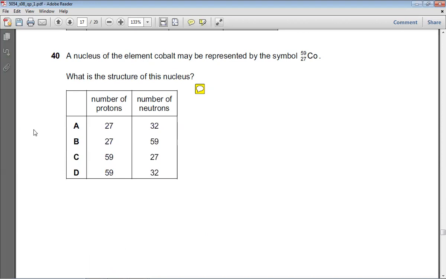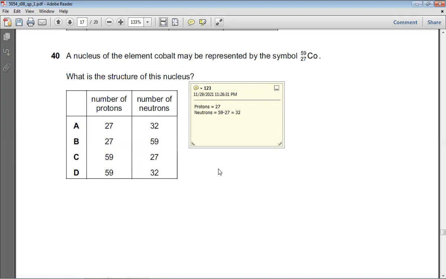Question number 40. A nucleus of the element cobalt may be represented by the symbol cobalt-59 with atomic number 27. What is the structure of this nucleus? So in the nucleus, you will have protons. There will be 27 protons. And the number of neutrons will be the mass number, or nucleon number, minus the proton number. So 59 minus 27, that will be 32.